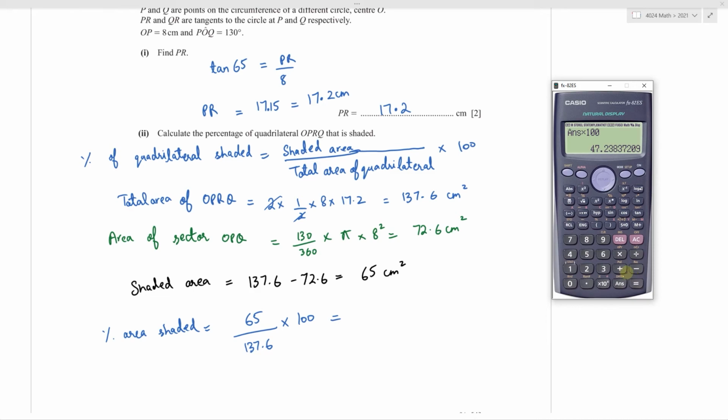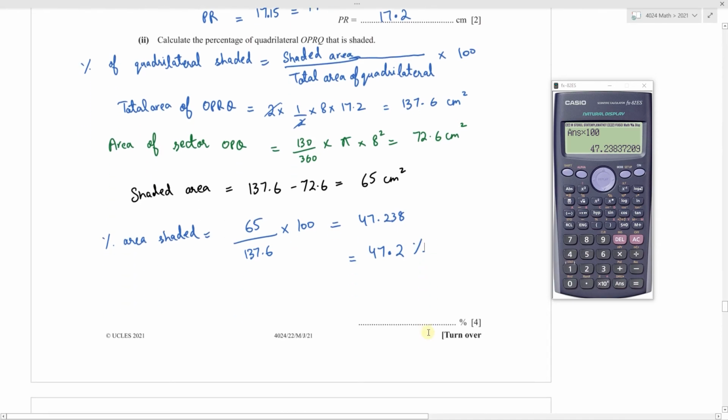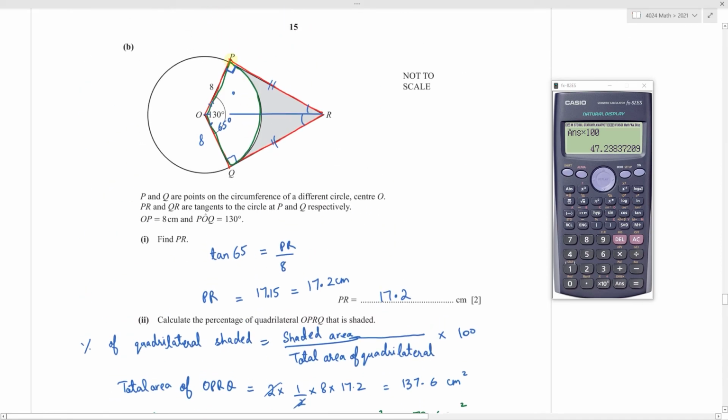So this is 47.238, and up to three significant figures it will be 47.2%. So 47.2% is the percentage area of this quadrilateral OPRQ which is shaded.